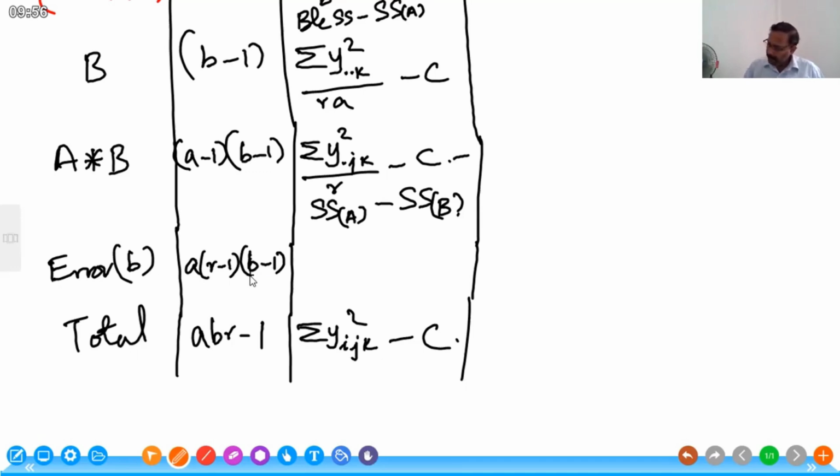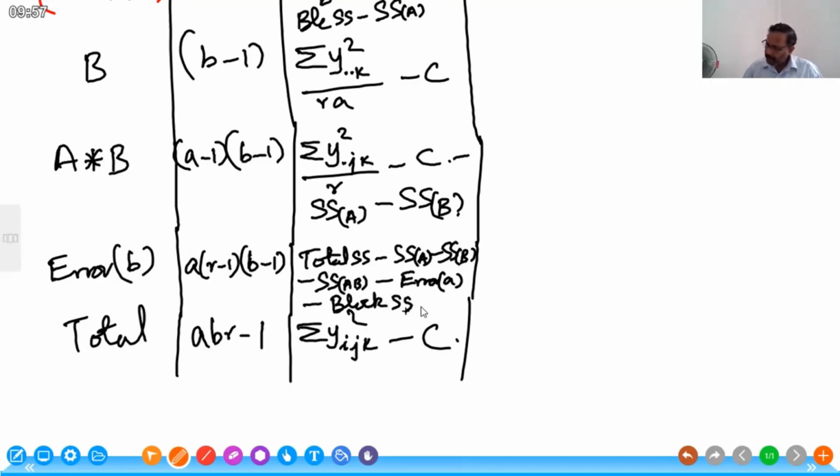Then we can say total sum square minus sum square due to A, minus sum square due to B, minus sum square due to AB, minus sum square due to error A, minus one more sum square, that is block sum square. So you see, you get rid of all.